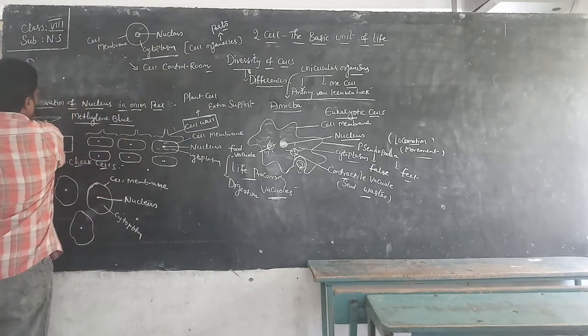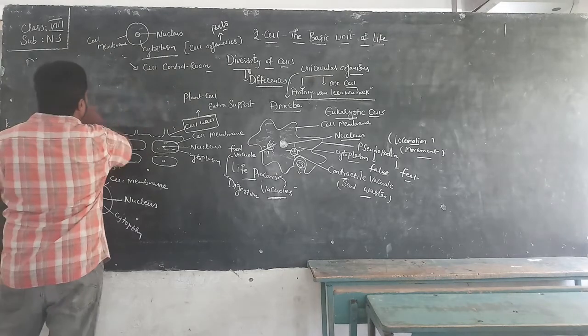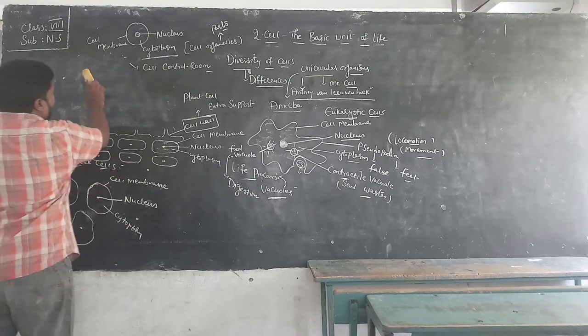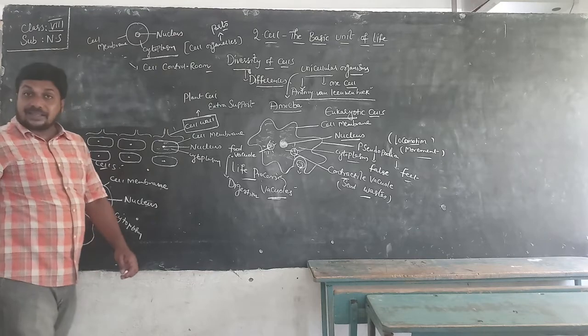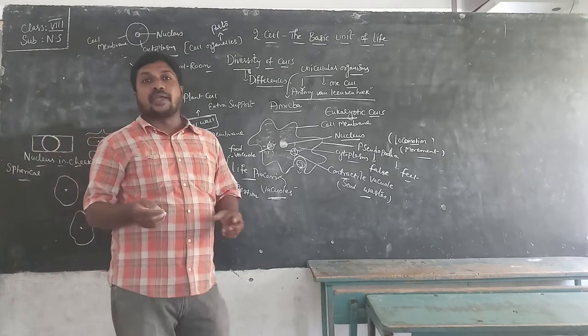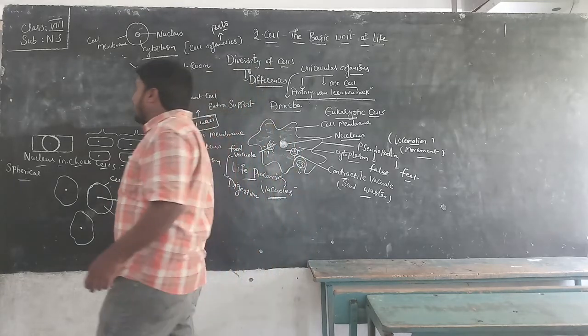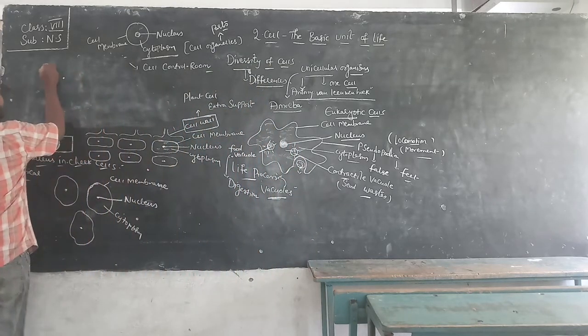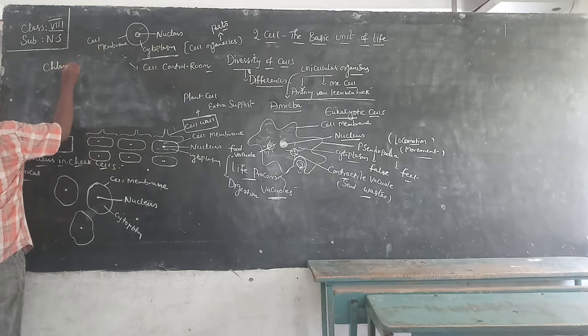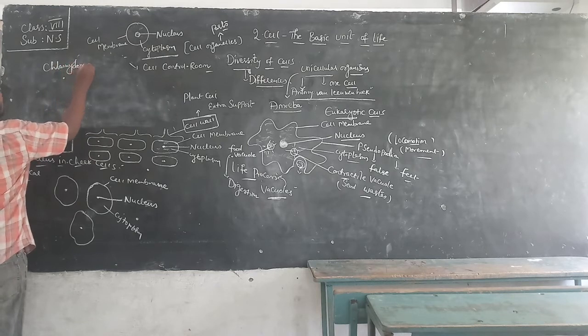Now I will explain another unicellular organism that is called Chlamydomonas. If you observe, at the time of the rainy season, we can find some green water in ponds. That is due to the presence of an alga called Chlamydomonas.